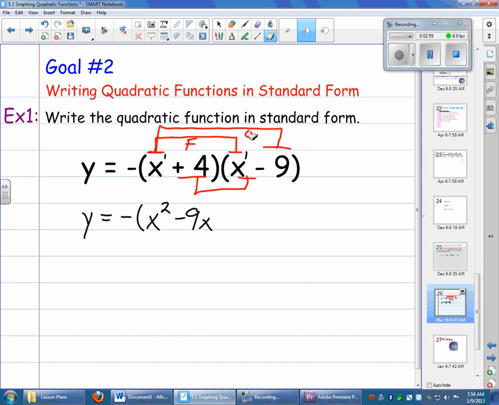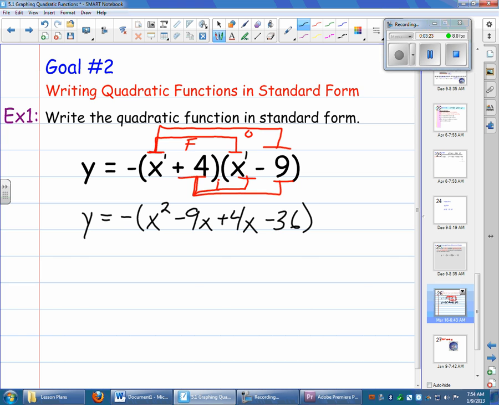The outside and the inside should be like terms. So we'll get +4 times x, which is a plus 4x. And then finally, the lasts, which should be the constants. +4 times -9: a positive times a negative makes a negative. 4 times 9 is 36.